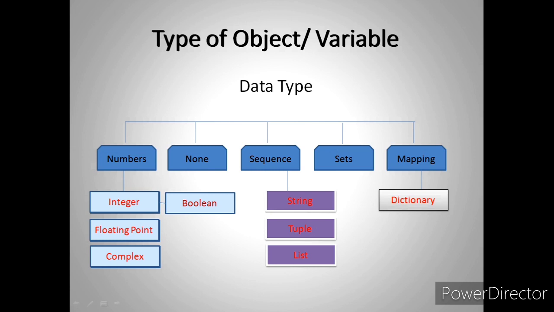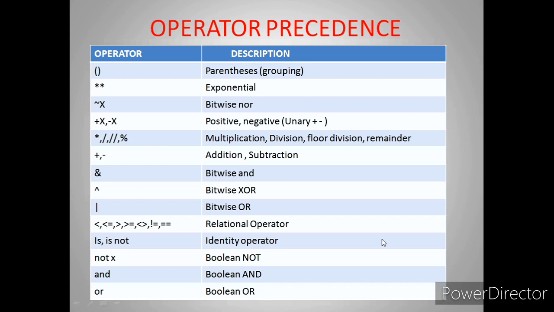When we are talking about operators in our output questions, the very first thing we should know is the precedence of the operators, that is, which operator is to be executed first and which has the higher priority.